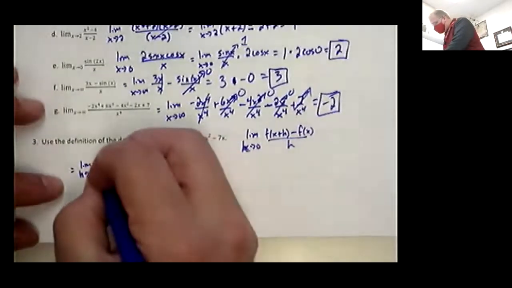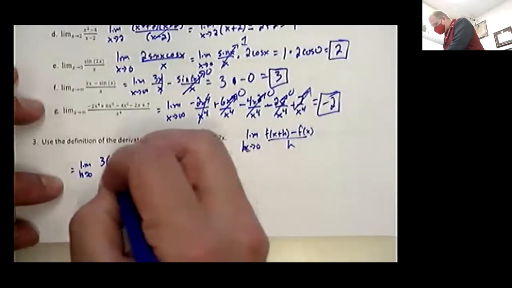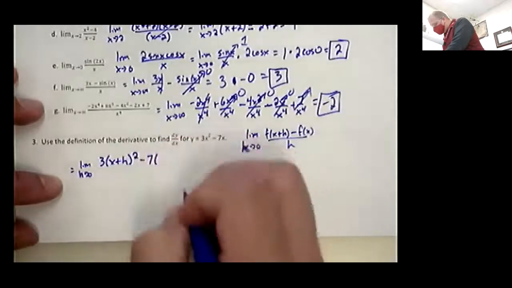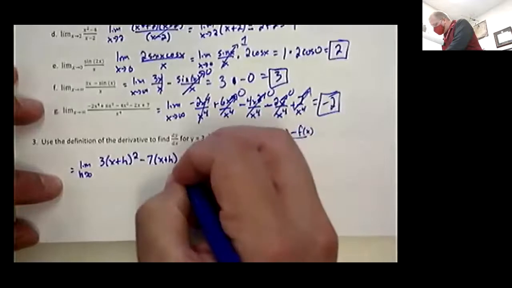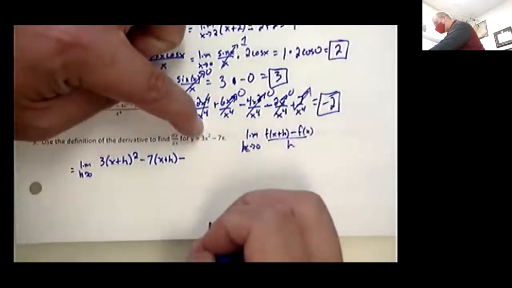So that's going to be a 3 times x plus h quantity squared minus a 7 times x plus h. Then we're going to subtract the original function, which is going to flip the sign. So minus 3x squared plus 7x. Watch that second sign change, all over h.